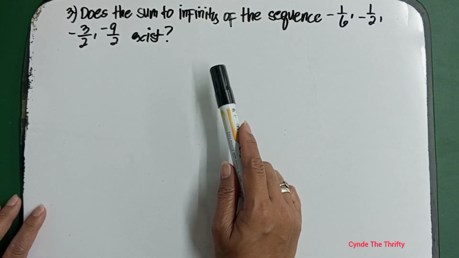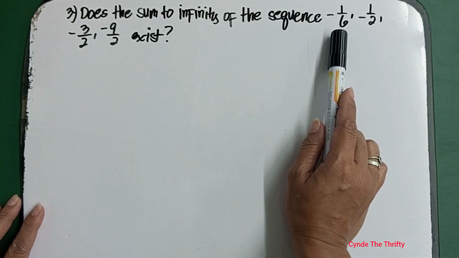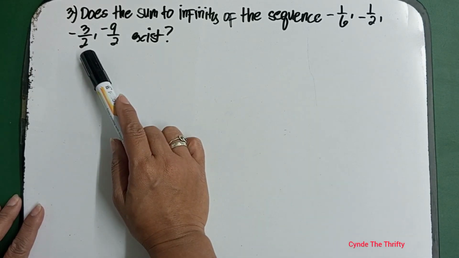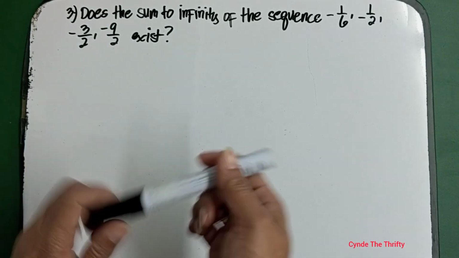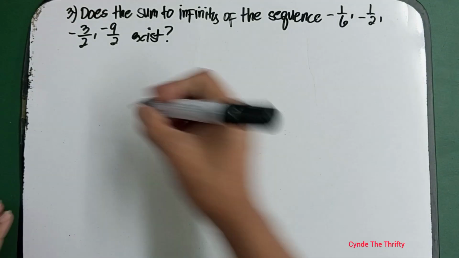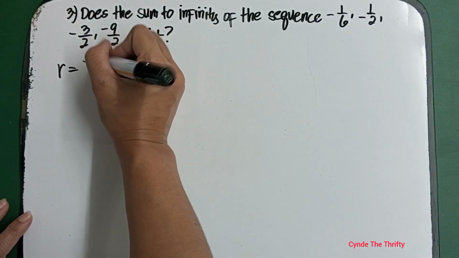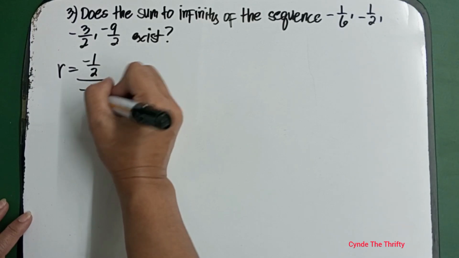Example number 3 tayo. Does the sum to infinity of the sequence negative 1/6, negative 1/2, negative 3 over 2, and negative 9 over 2 exist? Okay, so first, ang common ratio ang hahanapin natin. So common ratio is equal to, the second term is negative 1/2 divided by the first term na negative 1/6.